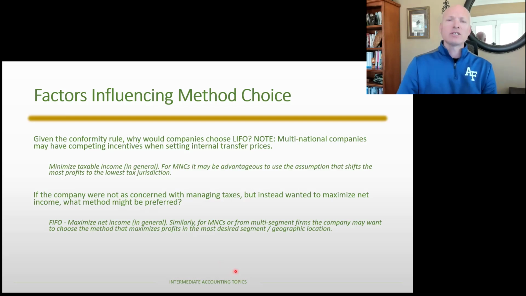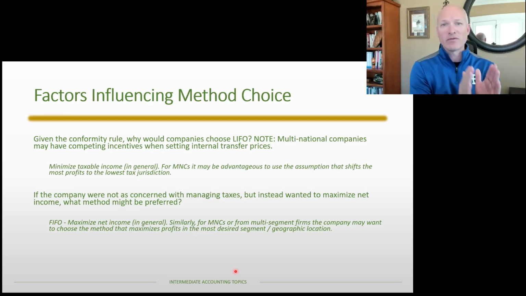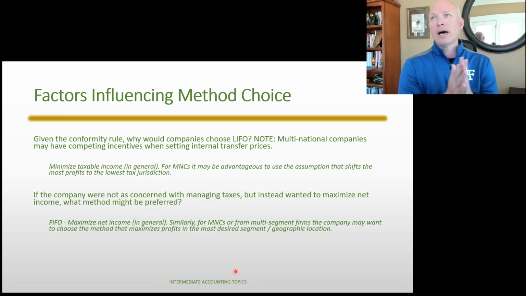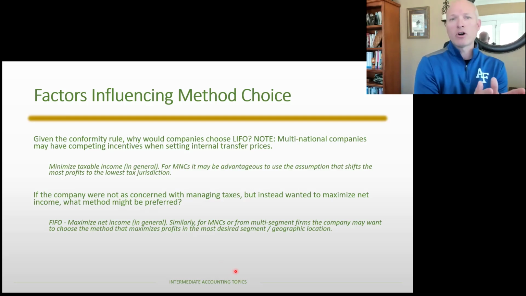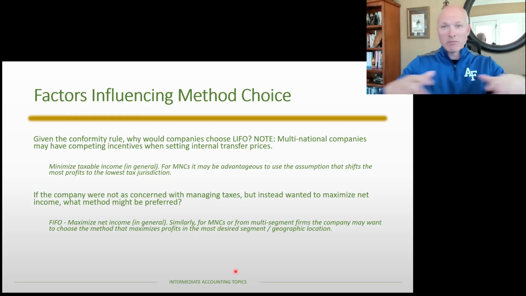There are very interesting studies out there. If you have a multi-segment firm and the market prices your company, a lot of times they assign different multiples to each segment. Let's say you have a manufacturing arm, a software arm, and some other arm, all under the same company.